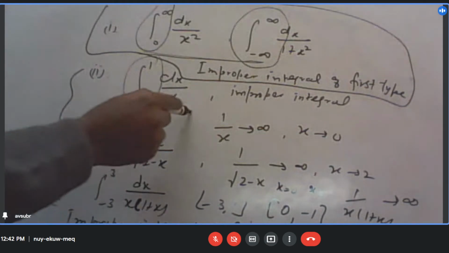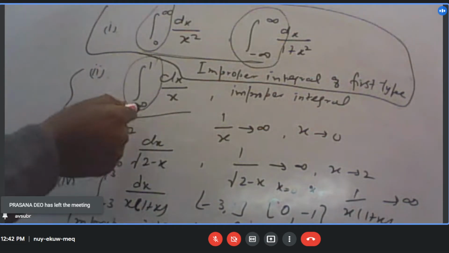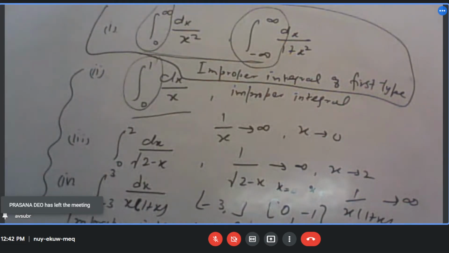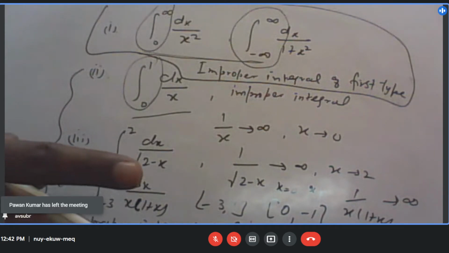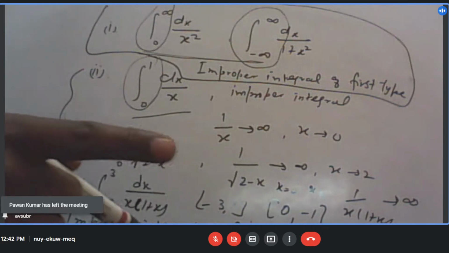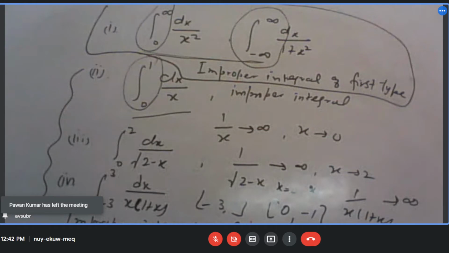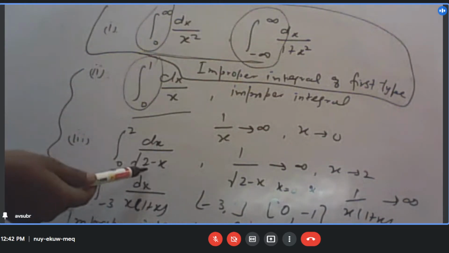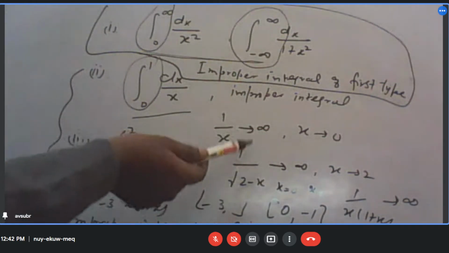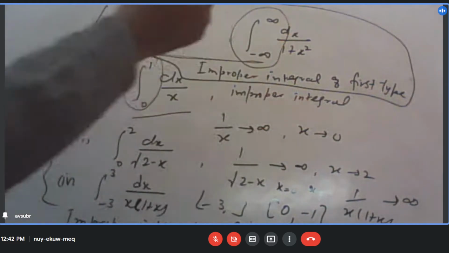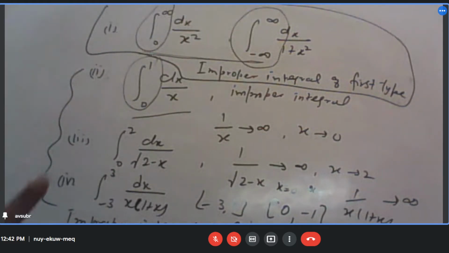So in this case, the function is discontinuous when x is going towards 0, when it is approaching 0. In this case, when x is approaching 2, this function is going to blow up.